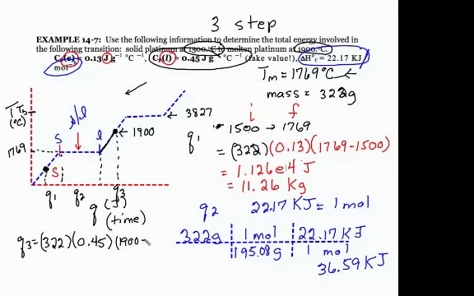So my final is 1900. My initial is 1769. I'm still at that temperature of my melting. And so if I crank through that math, I get 1.898 times 10 to the 4th joules, which is equal to 18.98 kilojoules.